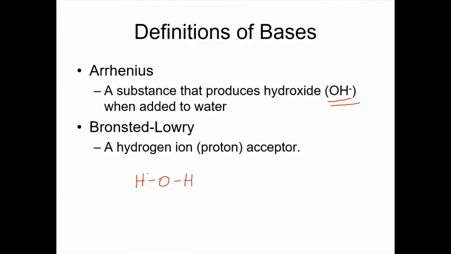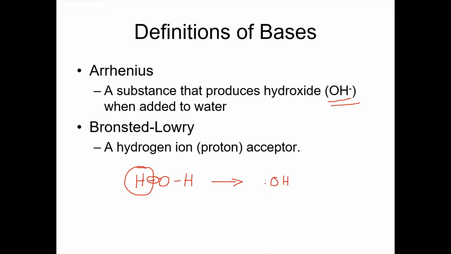So if something wants to grab a hydrogen, it can grab it off of a water molecule. And let's say it grabs it off of the water molecule. What you end up with, after you've lost that hydrogen right there, is an OH. And since it was a hydrogen ion acceptor, this pair of electrons that was a bonding pair here ends up staying on the oxygen.